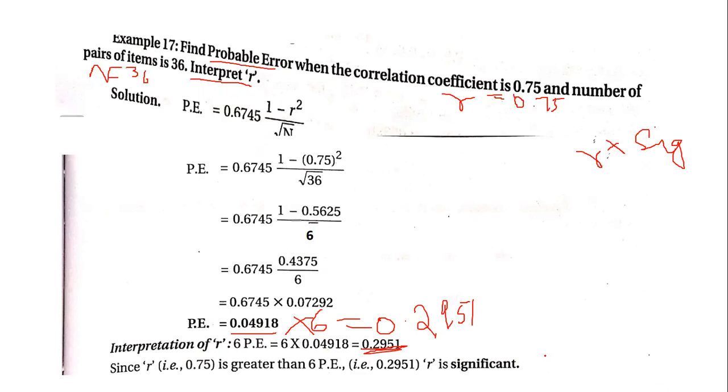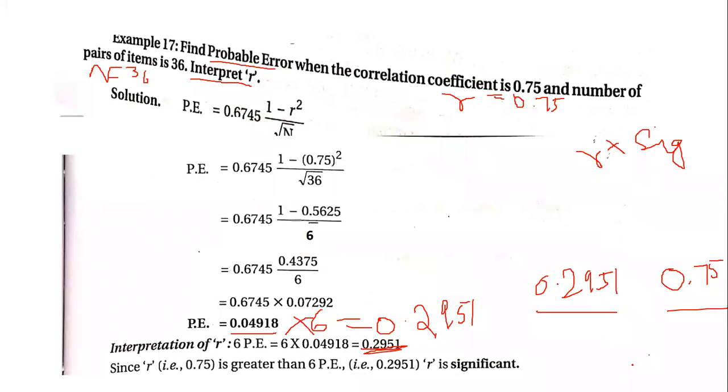Okay. Now compare this 0.2951 and your correlation coefficient 0.75. Which is greater? Say me the value. 0.75 is greater.